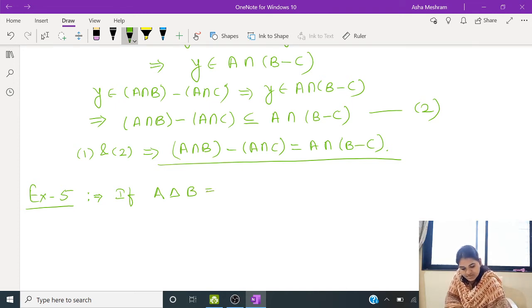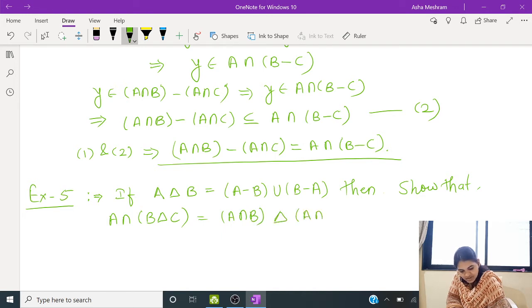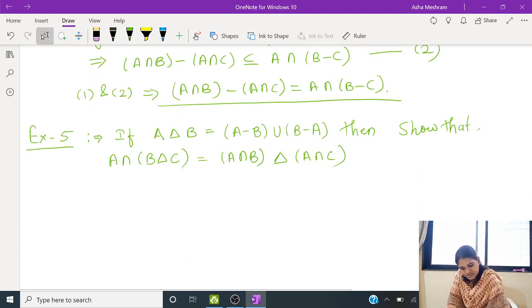Symmetric difference of these two sets is nothing but A minus B union B minus A. Okay, so then show that A intersection B symmetric difference C is equal to A intersection B symmetric difference A intersection C. Okay, so we prove this.